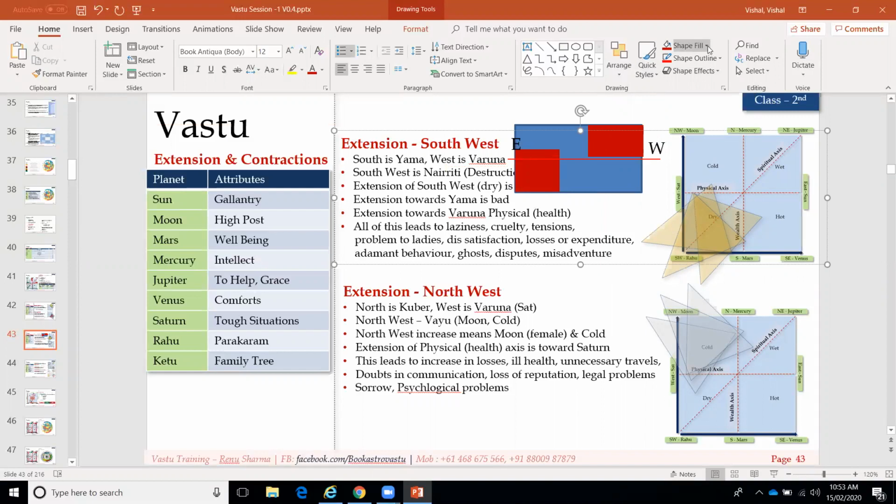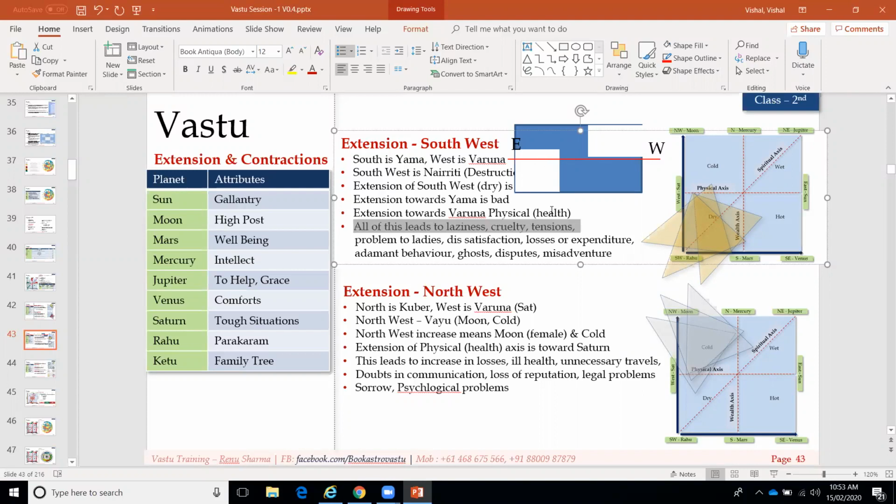Contraction means that zone is not there. So your property is only into this area, only that area. See how that zone is missing in that area, right? Or you can say, well, this zone is extended further out, right? So contraction, normally you will see in that particular axis when the part is missing, that is contraction. If the part is further going out, that is extension.